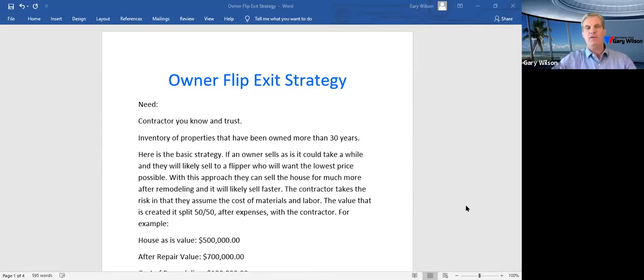Okay, guys, let's go ahead and get started. If you have any questions, just remember this is an open forum, totally unscripted, unfiltered, everything good, bad, and ugly. It all shows up. Tonight's session, I call it the owner flip exit strategy. Exit strategy refers to how an investor in a property can make money. It's not like they're necessarily going to just sell.